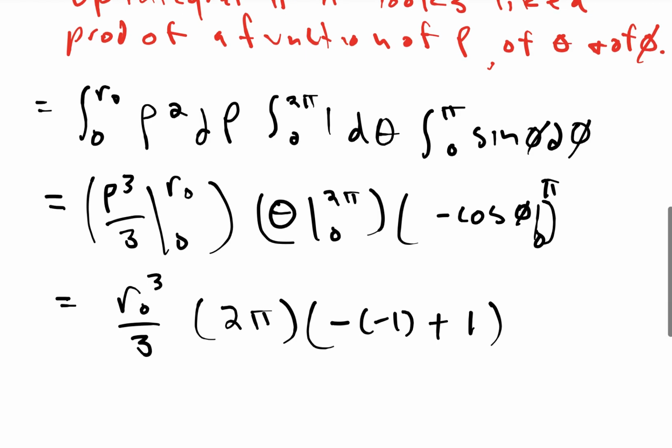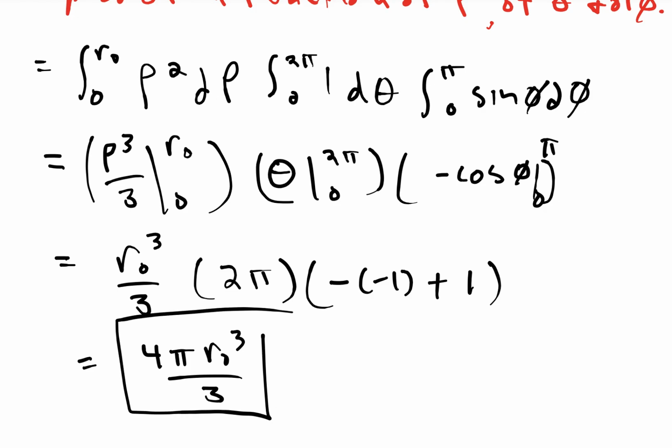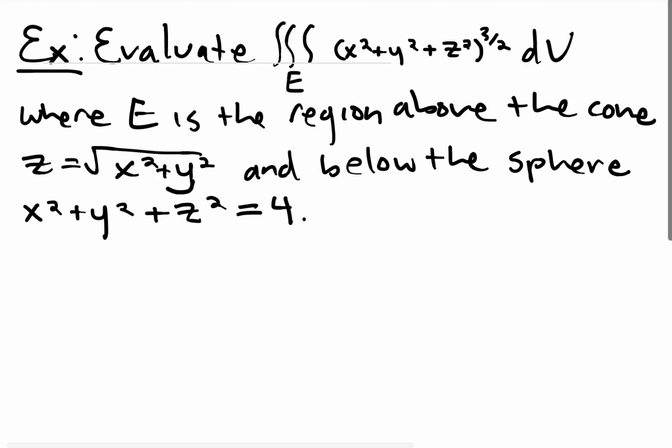So, I basically got r naught cubed over 3 times 2 pi times 2. So, I'll get 4 pi r naught cubed over 3. And this actually does coincide with my volume of a sphere formula. Okay? Now you've seen that, let's see if I can maybe give you guys some trickier ones.